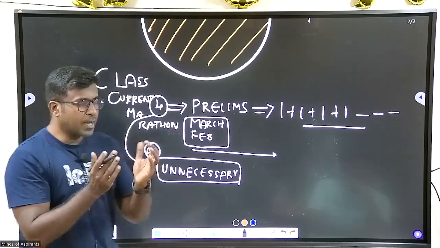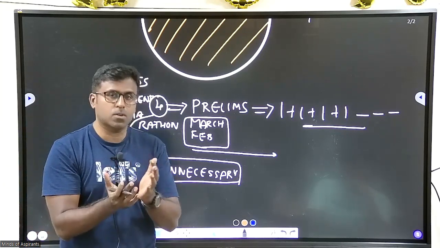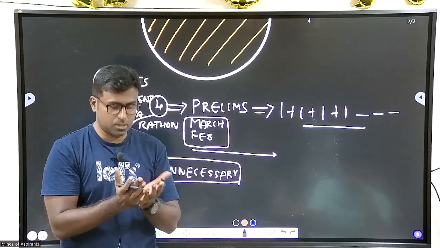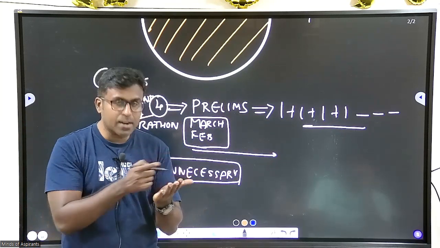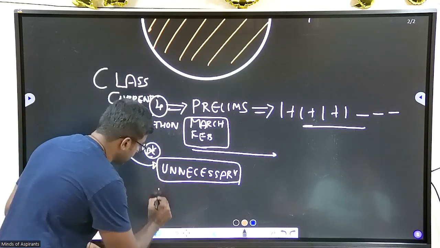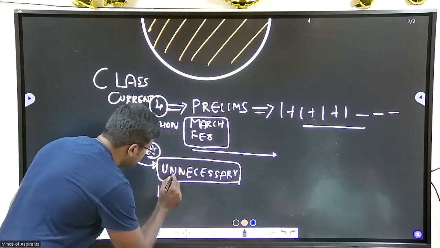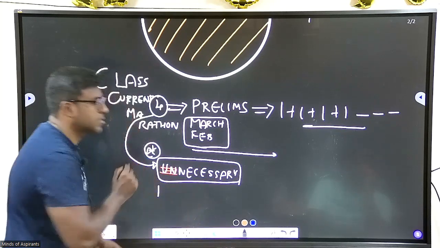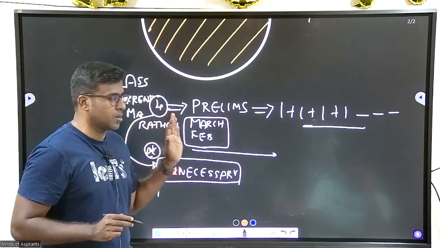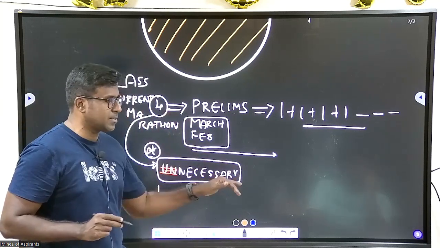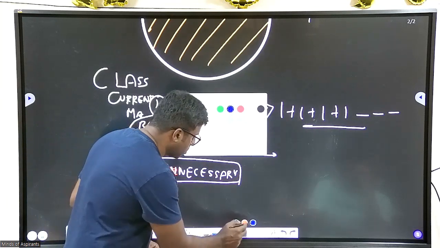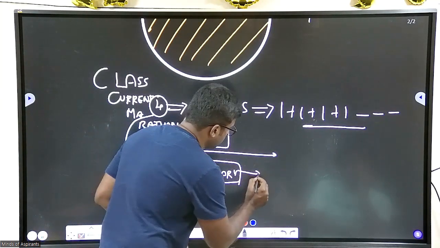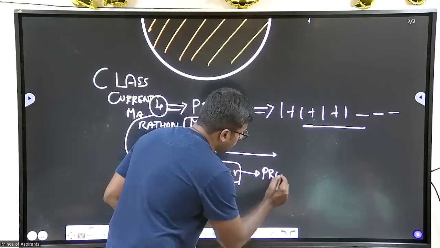So when I am reading Lakshmikant or any book before the preliminary examination, my brain will scan only the necessary things and remove all the unnecessary things, and this is how you reach the preliminary examination hall.